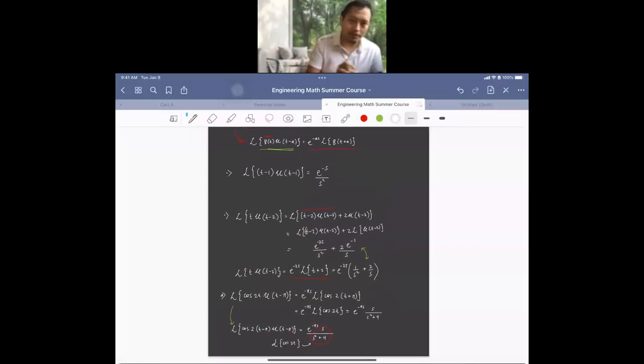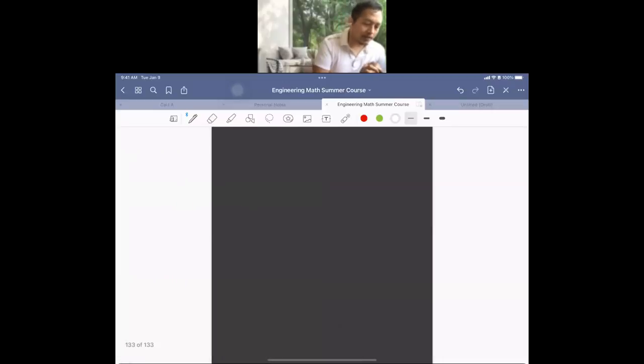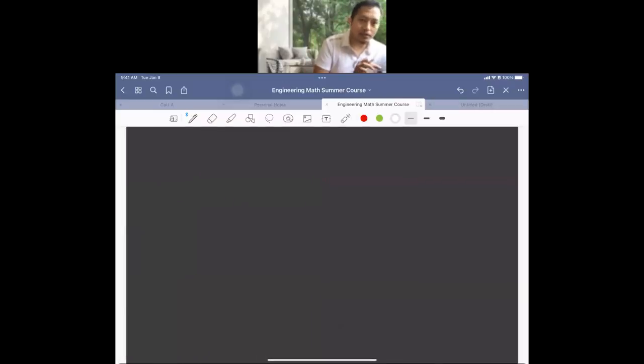Okay, the next is, if we have the inverse, what can we do? So we have, for example, Laplace inverse of e to the power of negative 2s divided by s cubed.